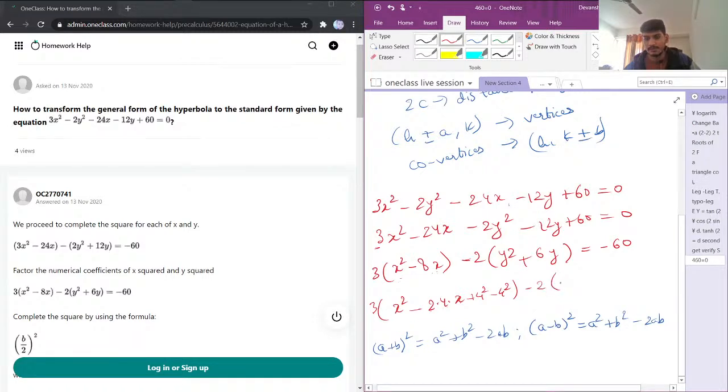Minus 2 times y squared minus 6y, which can be written as 2 into 3 into y, so this is 2 times a into b. So I will add 3 squared and I will subtract 3 squared.